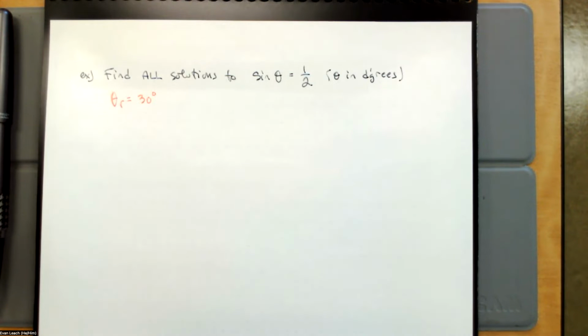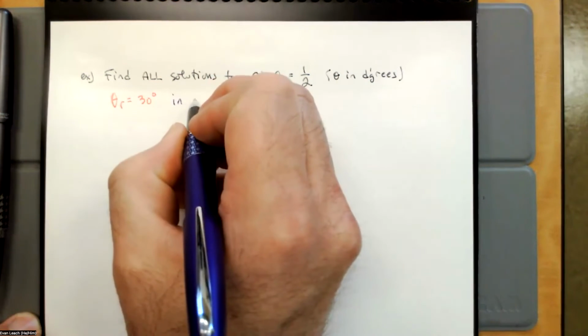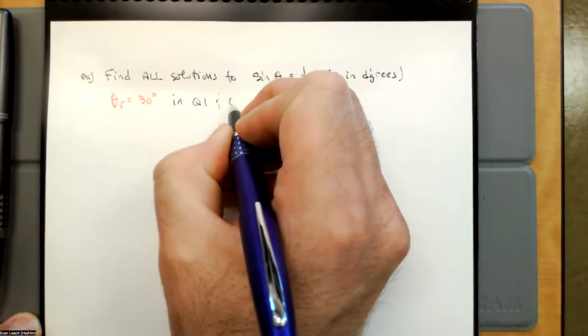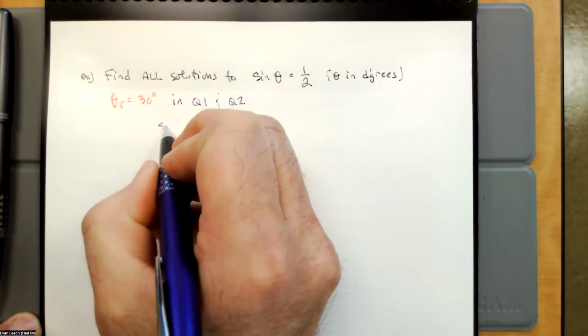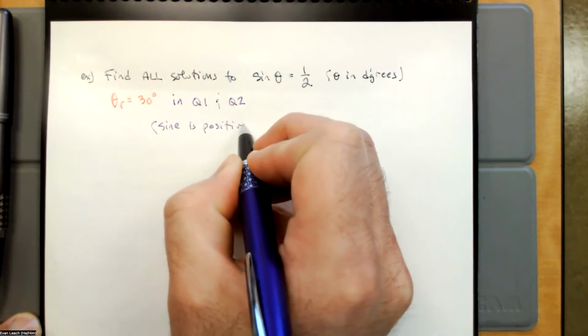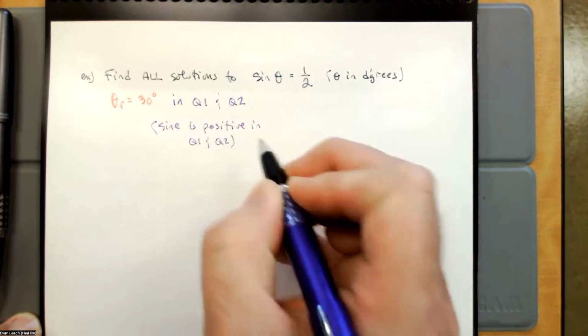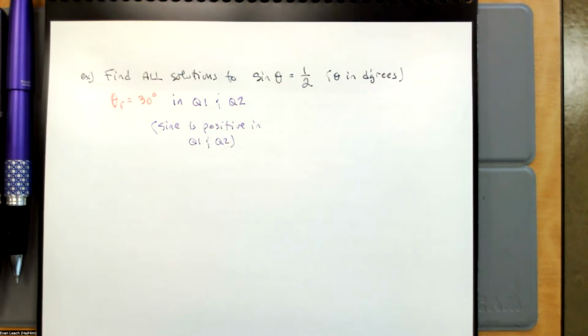Next, we're going to think sine is positive in the first and second quadrants. So the sine and the positive part of the 1/2 tells us that we should deal with quadrant 1 and quadrant 2.